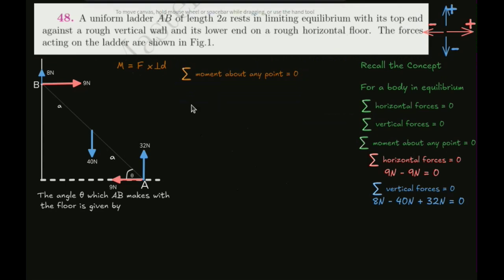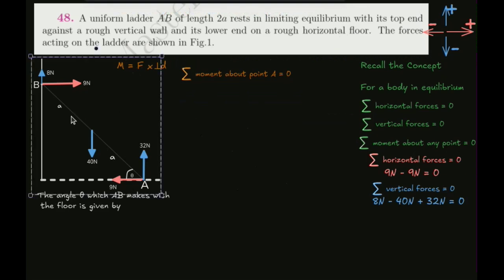Here we have two options. We can take our moment about point A or about point B, but since our question is asking us to find the angle theta, it will be easier for us to take our moment about point A. So here it will be the sum of moments about point A.